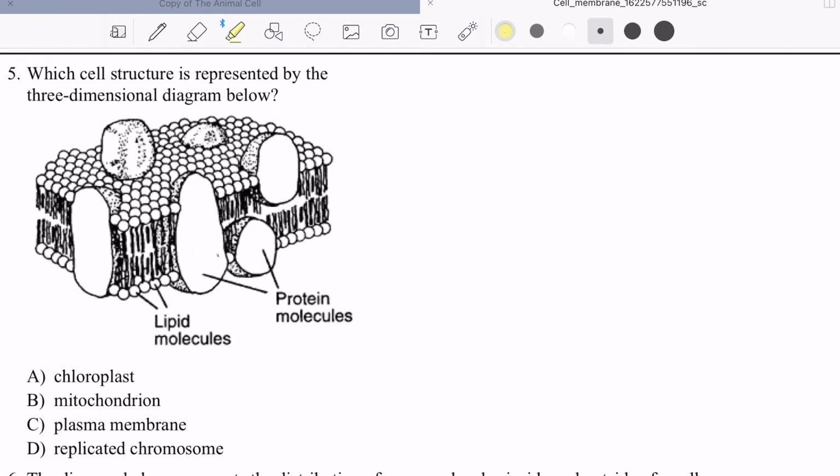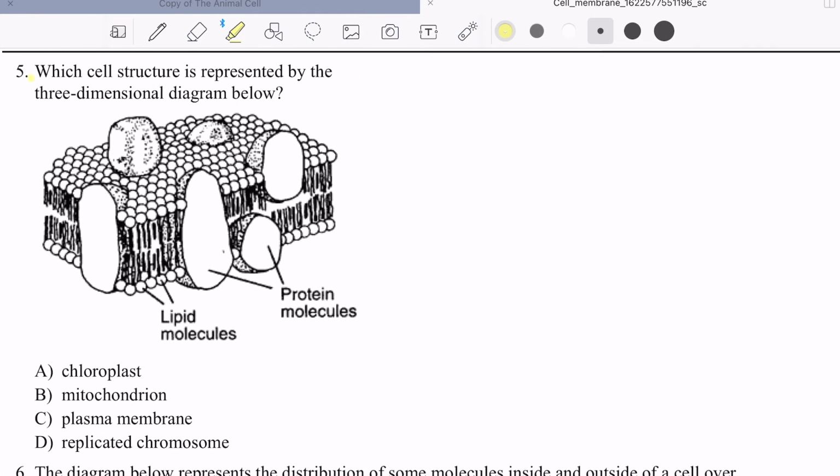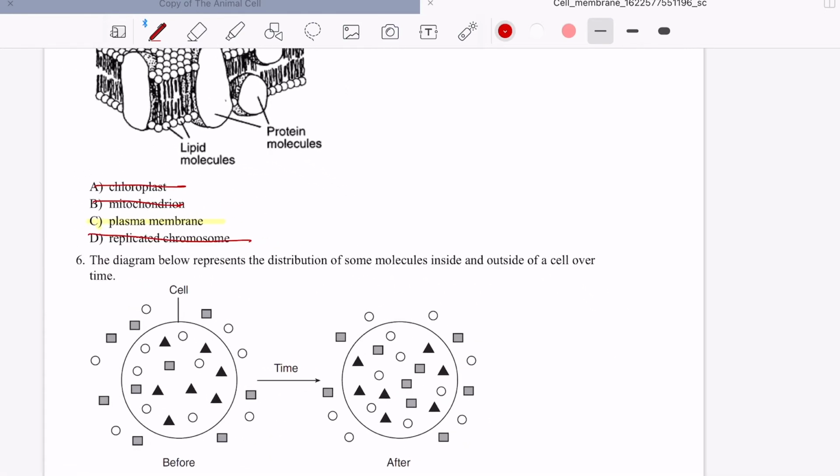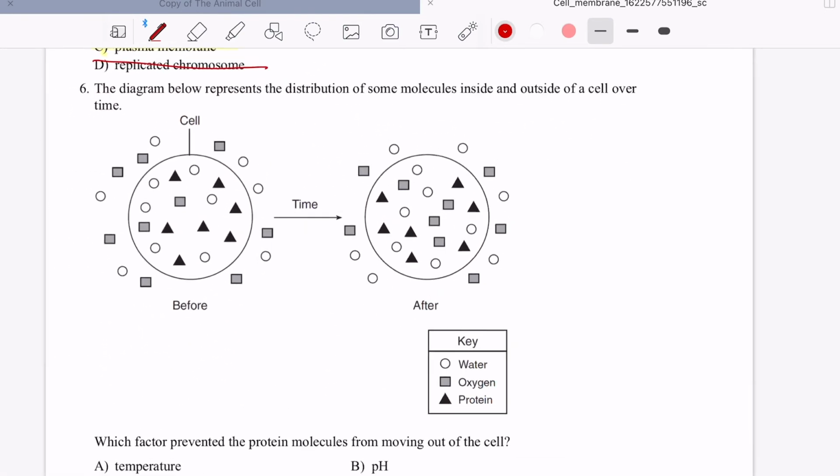Let's do number 5. This is going to get a lot faster. Which cell structure is represented by the 3-dimensional diagram? This is the plasma membrane. How dare you ask us such an easy question? Okay, this is a high-level question, guys.